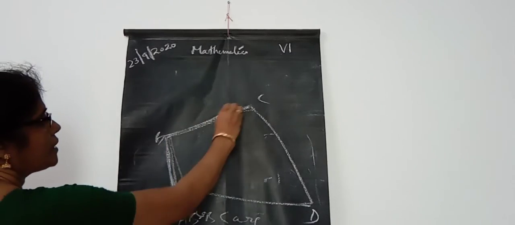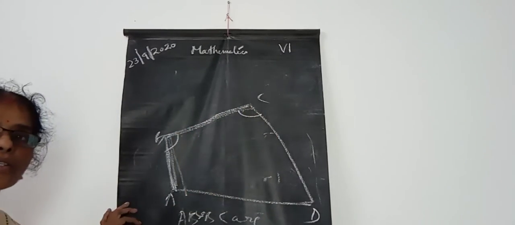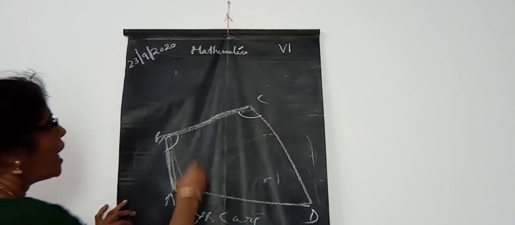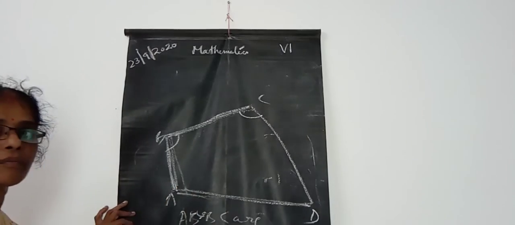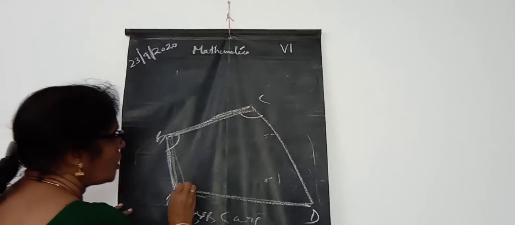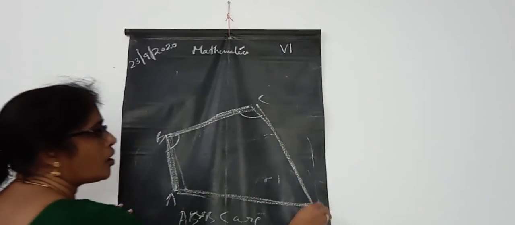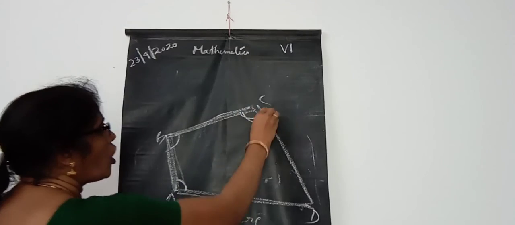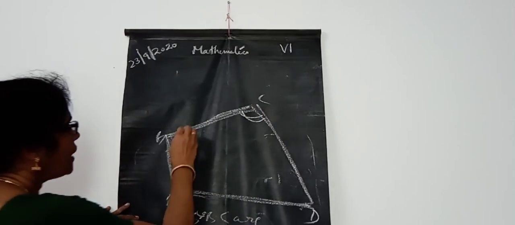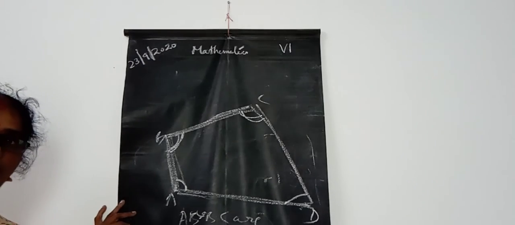These two sides are adjacent sides, and these two vertices are also adjacent vertices. And these two sides are the opposite sides, and BA and CD are also opposite sides. And A and C are opposite angles, and B and D are also opposite angles.